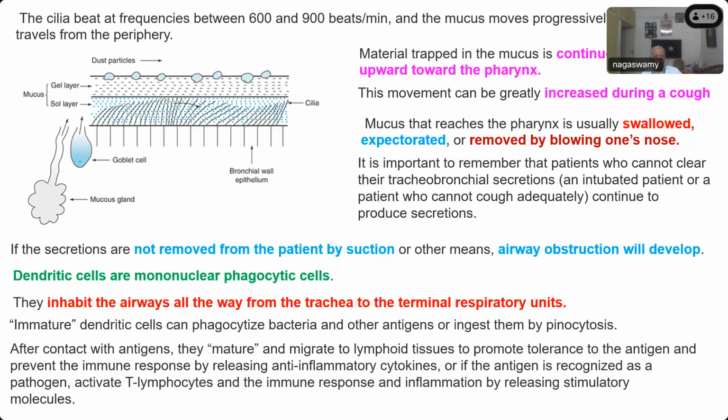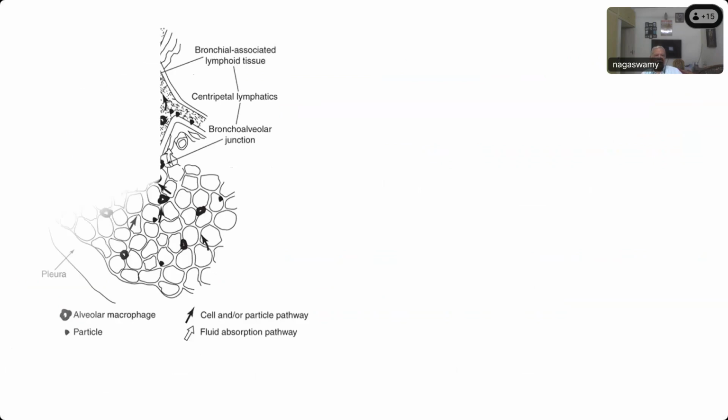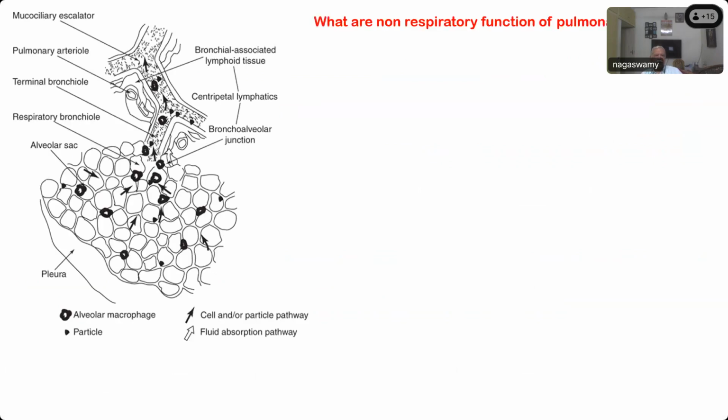And if the antigen is recognized as a pathogen, they activate T lymphocytes and the immune response and inflammation by releasing stimulatory molecules. So this is the main important mechanism of how our body system is protected from contamination or pollution in the airway.